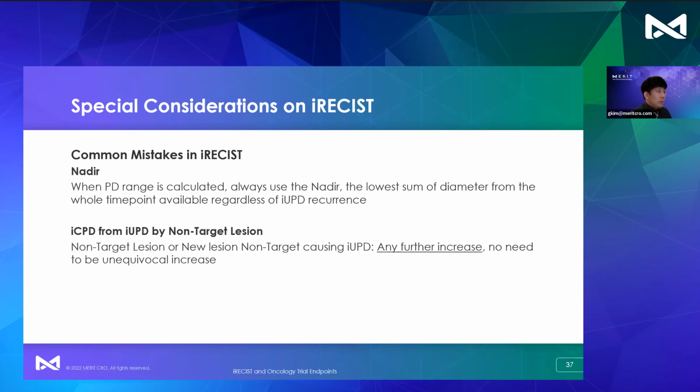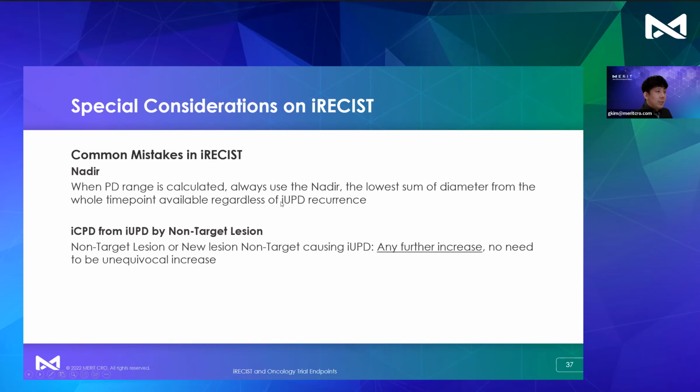Also, there are a few common mistakes in iRECIST. Sometimes the nadir gets a little confused, and that is because of the concept where a patient can get into the IUPD and then be out of the IUPD into a response status, such as an ICR, IPR, or ISD. Even though the patient gets out of the IUPD, that does not mean the subject is rebaselined.